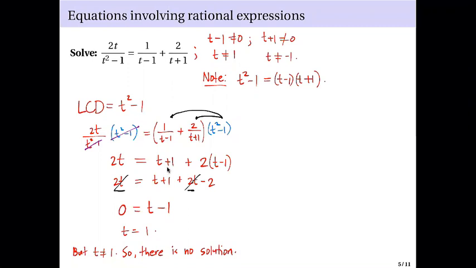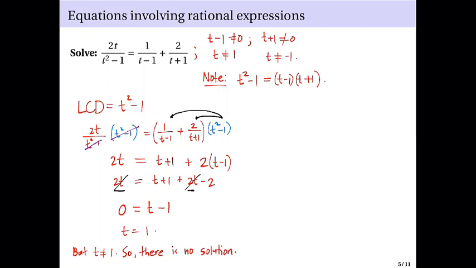For this, yep. Because the only denominator here is t minus 1. So the only expression that will be cancelled is t minus 1. I see. Thank you. Yeah, you're welcome.